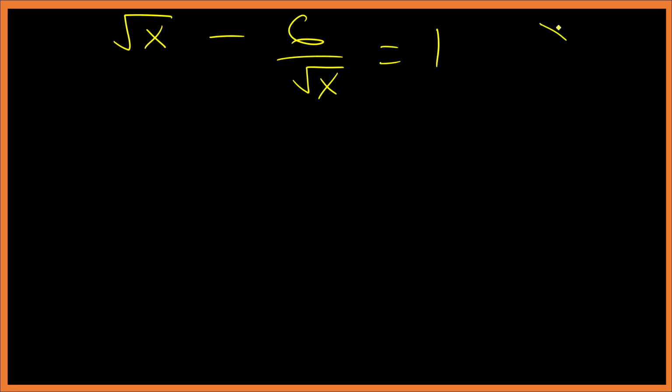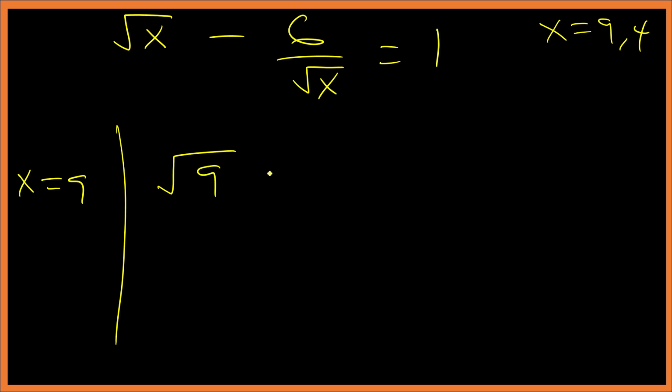We have x equals 9 and 4. So let's start with x equals 9. This side will be square root of 9 minus 6 over square root of 9. So the positive square root here is 3, minus 6 over 3.